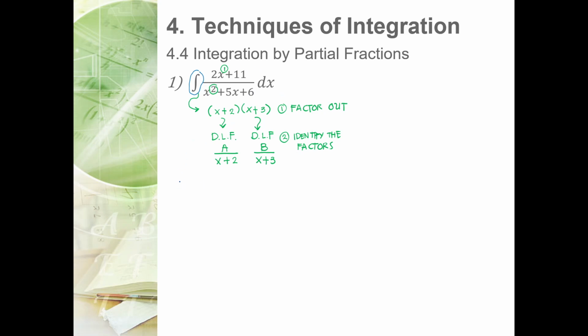You write first the equation on the left side: 2x plus 11 all over x squared plus 5x plus 6, equals A all over x plus 2, plus B over x plus 3. So that's how you write your partial fraction.